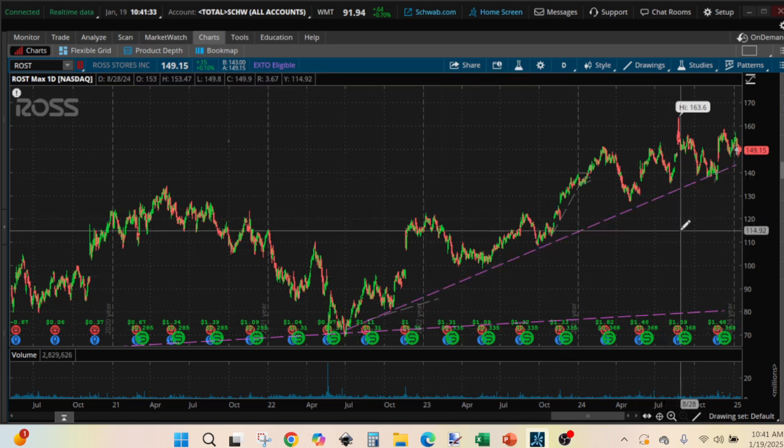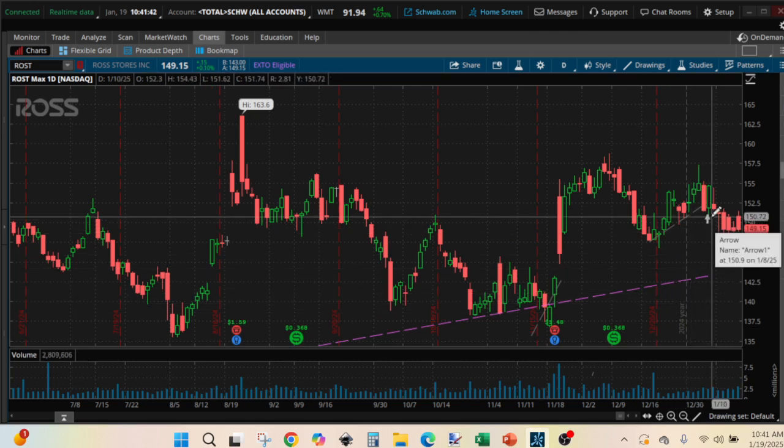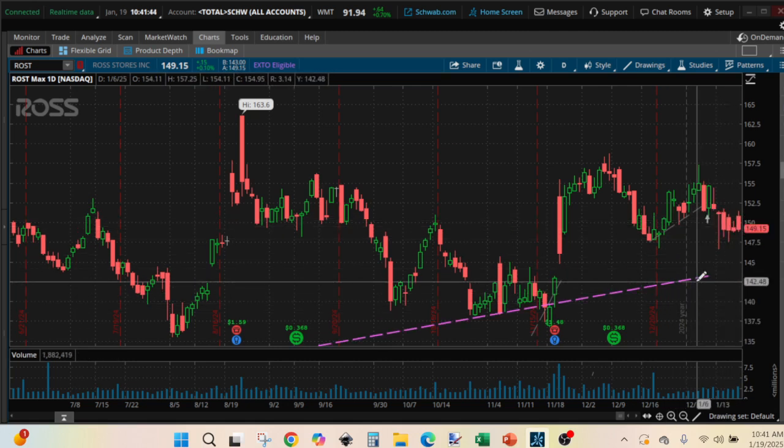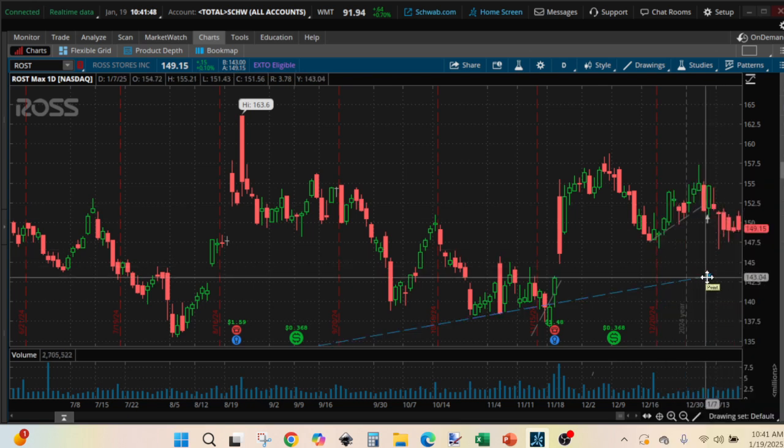So let's see, that is a line. In fact, we bought ROST. We bought ROST there and the price dropped. So let's extend this line. We'll just keep observing it.